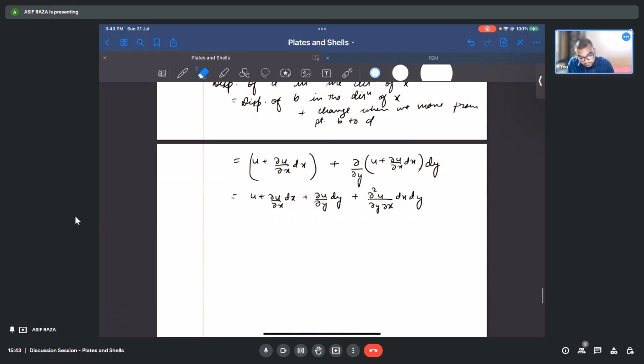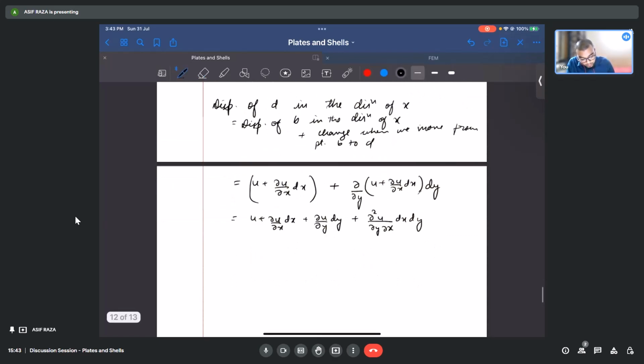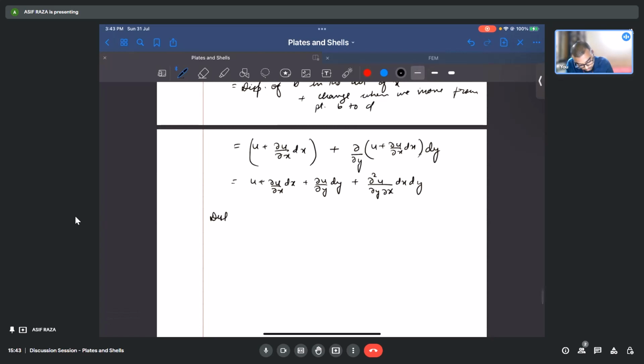Now the same for the displacement of D in the direction of y.